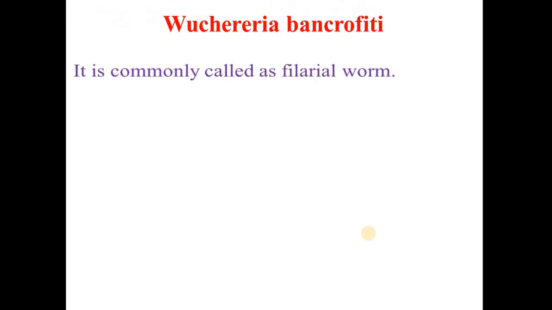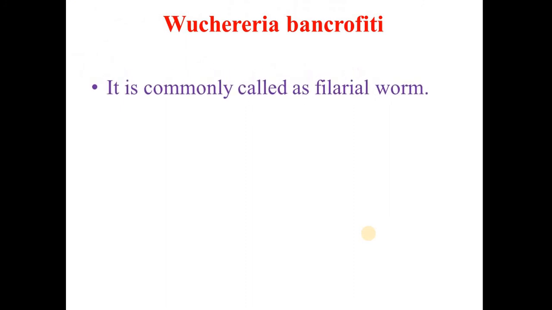Next is Wuchereria bancrofti. It is commonly called the filarial worm. It is a digenic parasite, that means it completes its life cycle in two hosts. Man is the primary host and the Culex mosquito is the secondary host. It lives in the lymph nodes and lymph vessels of man.